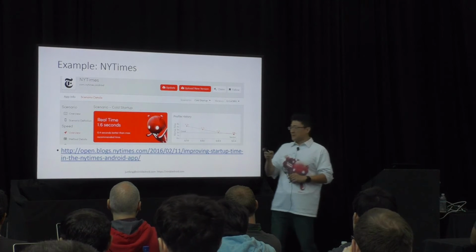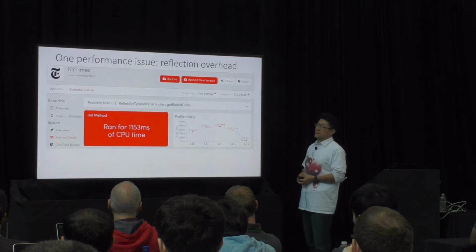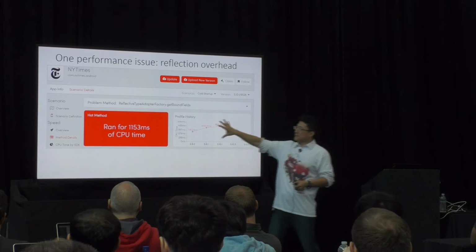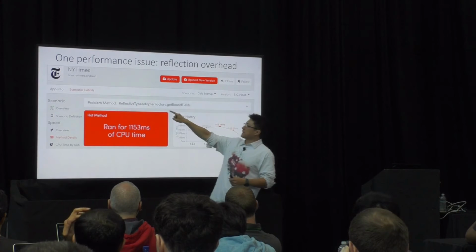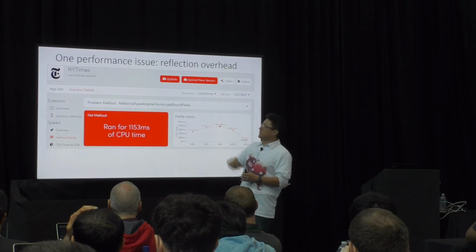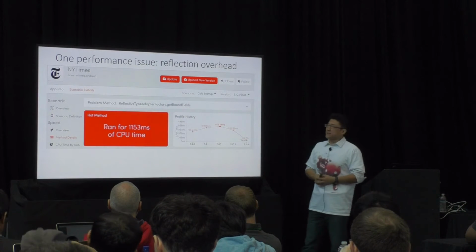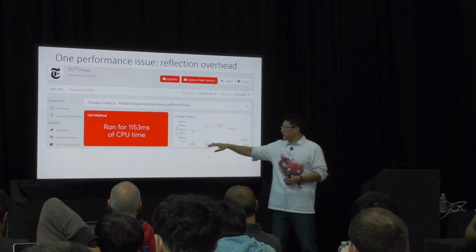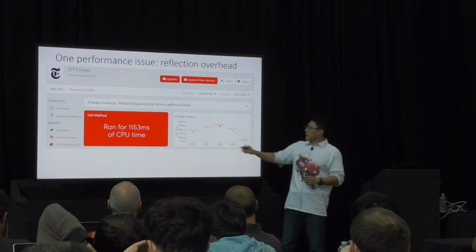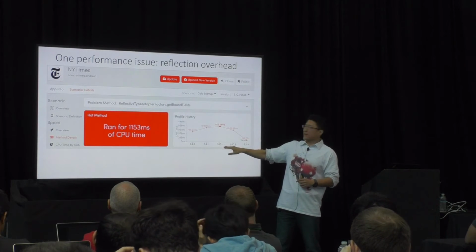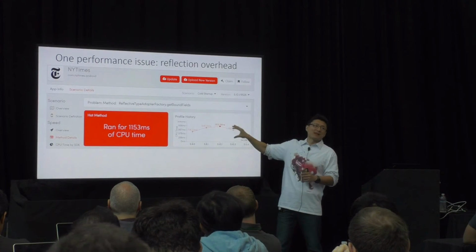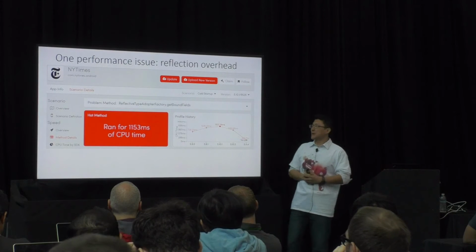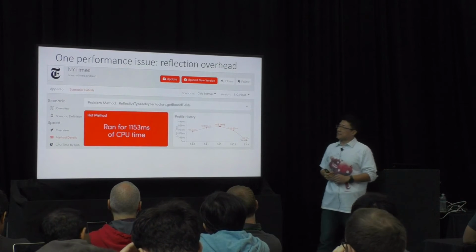So I'm going to talk about this one issue, which is reflection overhead. This visualization shows the overhead of this reflective type adapter factory.getBoundFields inside the New York Times app. And if you look at the trending curve here, at version 5.10.1, this particular method consumes over 1 second CPU time, right? That's a whole lot of time during the app's startup time.